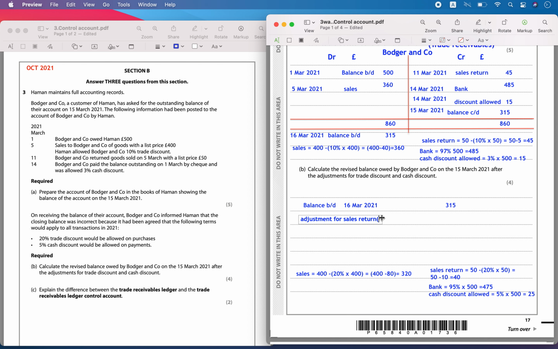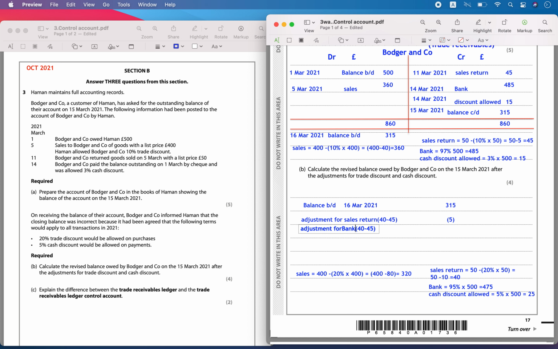This one was 40 but earlier was 45, so 40 minus 45. Because it's on the same side, I'm going to add this. This difference is 5. Then you have the adjustment for bank and the cash discount.